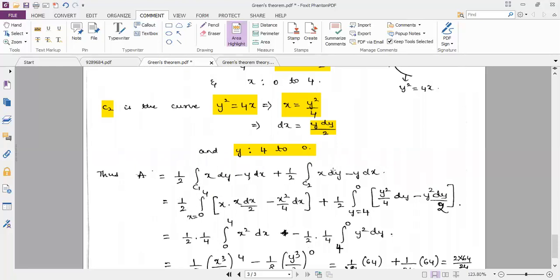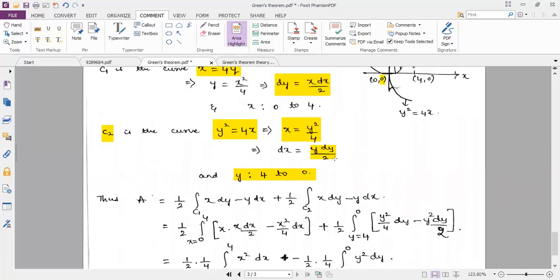For the curve C1, the integral limits are x varying from 0 to 4. Substituting in x dy minus y dx, dy is nothing but x dx divided by 2, and the same is substituted here, minus y dx. The y value is x square divided by 4, so substituting y as x square divided by 4, we are able to integrate with respect to x.